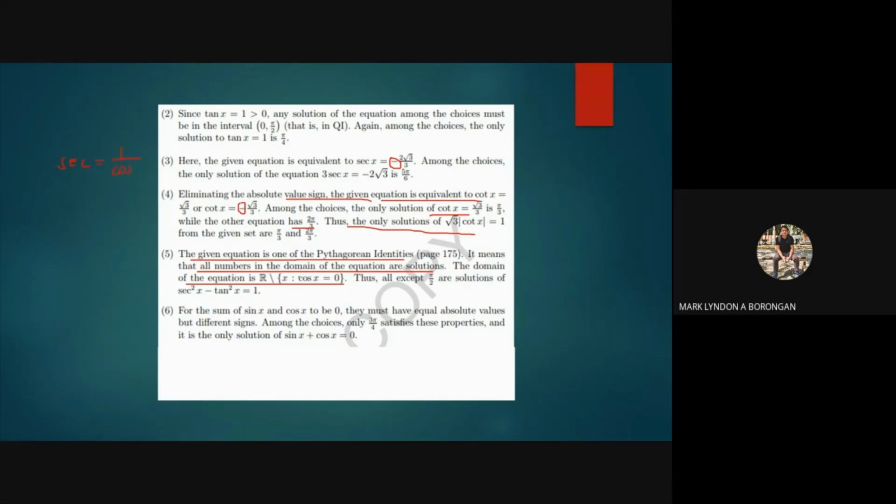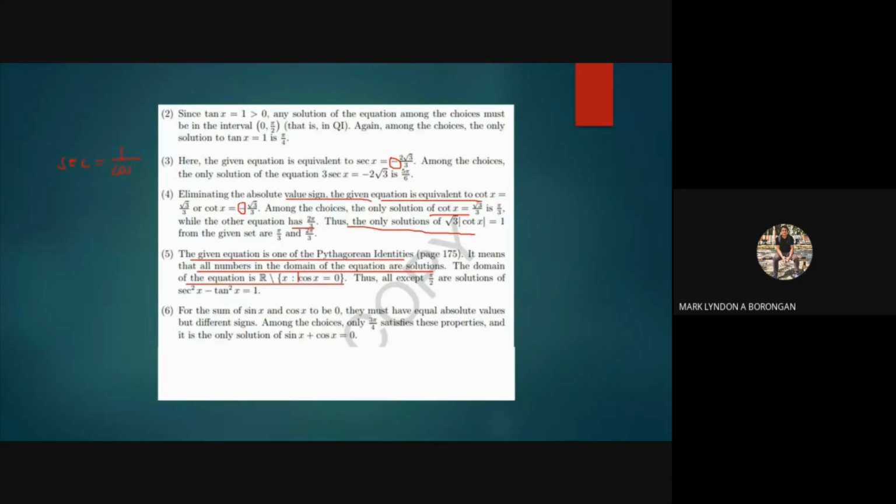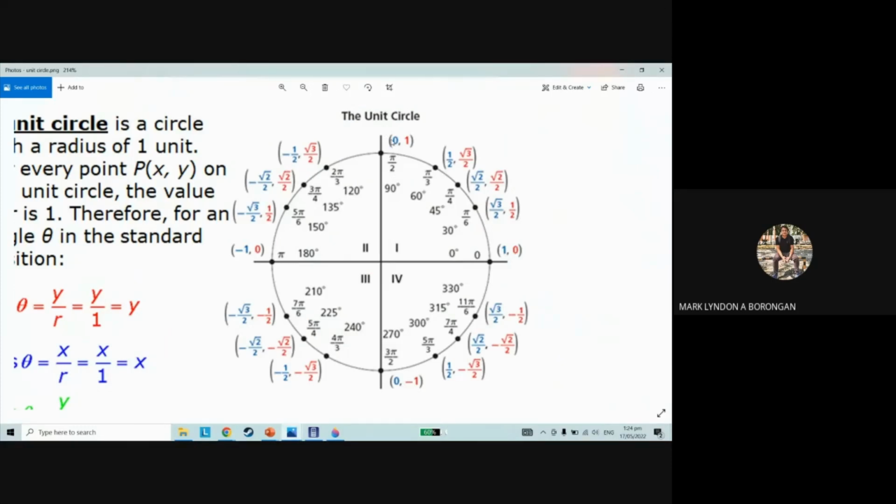So what we do is find where cosine is 0, which are 3 pi over 2 and pi over 2. All except pi over 2. So that is the domain, no? All except pi over 2. Pi over 2 is not included here. Okay?